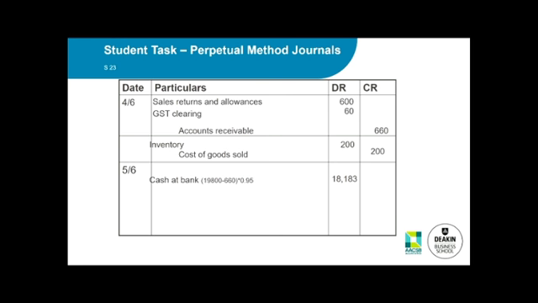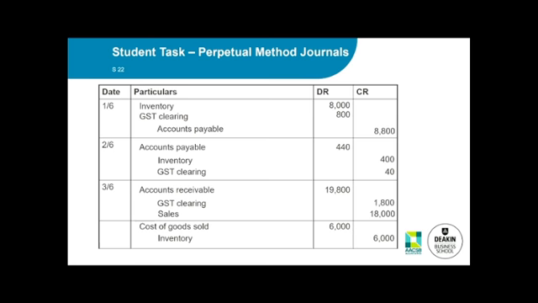As a result, we have to reduce that GST clearing that we had before, right? Or the liability that we had before. So in other words, if I go back to this transaction here, this GST clearing, $1,800, it's a liability. We're going to collect that money. But we first reduce it here, right, by debiting it because there was a return, and now we reduce it even further because of the discount.